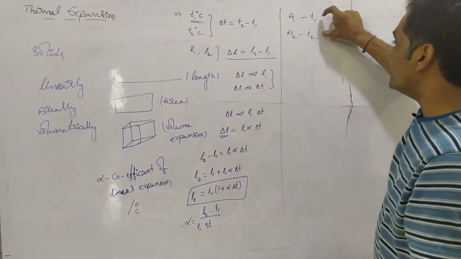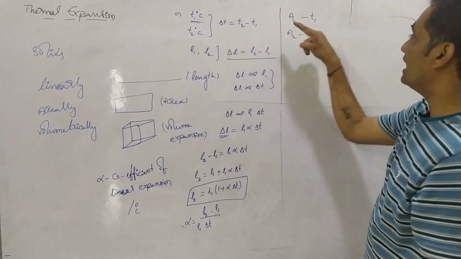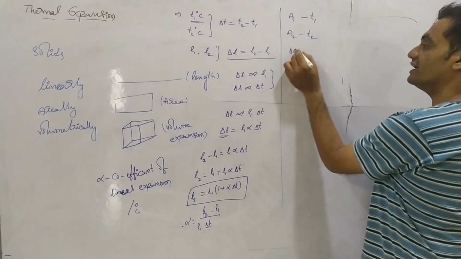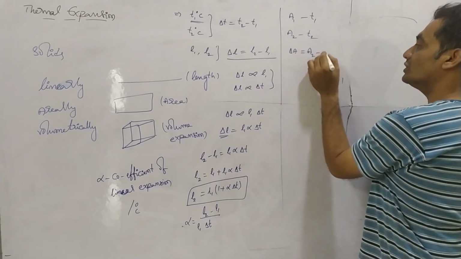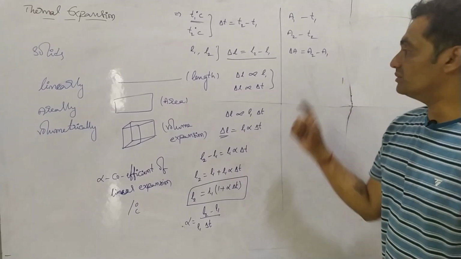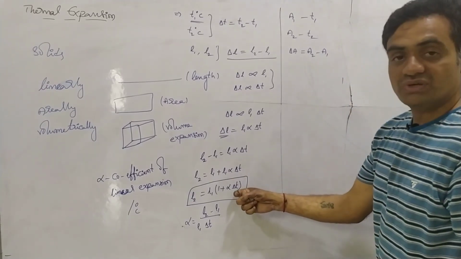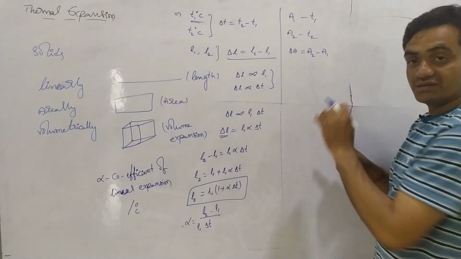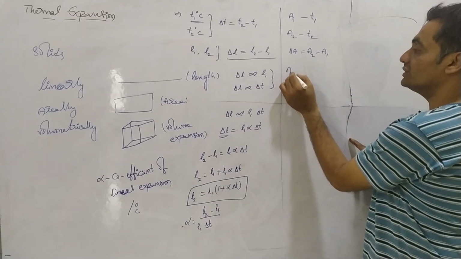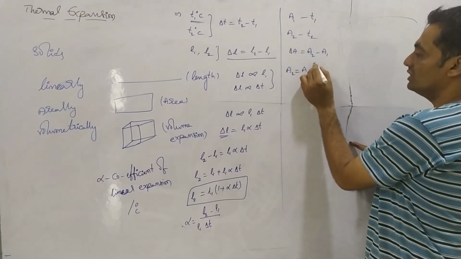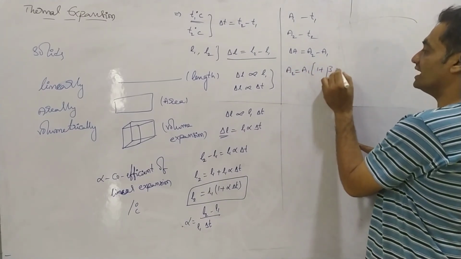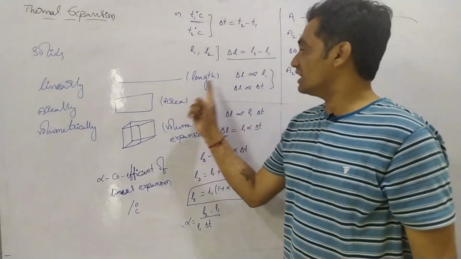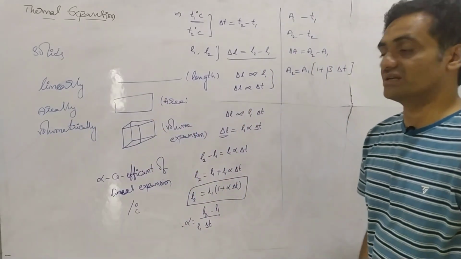The increase in temperature is delta T, and the change in area is delta A, where delta A is equal to A2 minus A1. As we saw in the previous case, similarly we can represent the present case. So I am writing the expression directly. A2 is equal to A1 into (1 plus beta delta T), where beta is the coefficient of areal expansion.